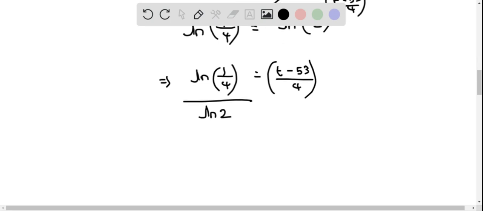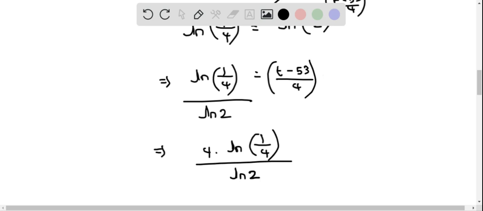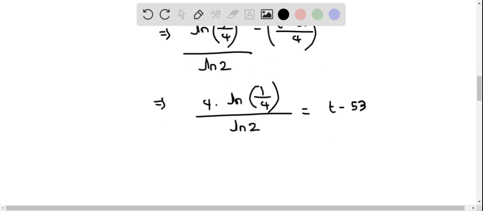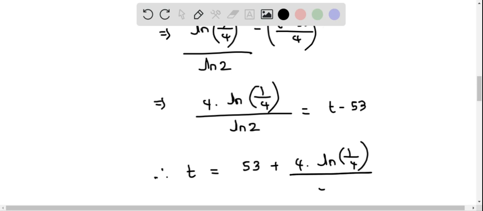Now I multiply both sides by 4, so that I get 4 times natural logarithm of 1 fourth divided by natural logarithm of 2, and this equals t minus 53. So we have to add 53 to both sides to solve for t. Let me rearrange for t, and so this equals 53 plus 4 times natural logarithm of 1 fourth divided by natural logarithm of 2.